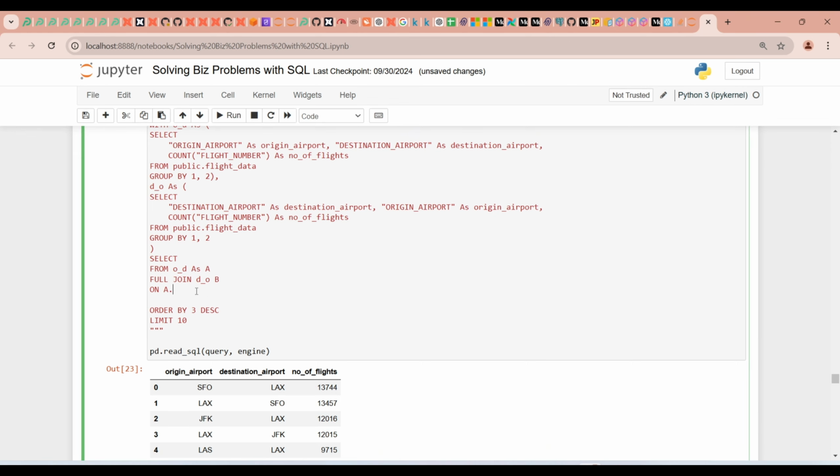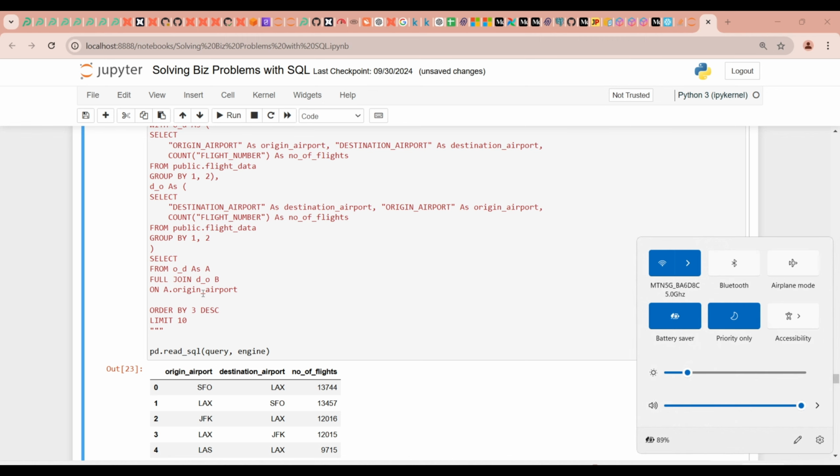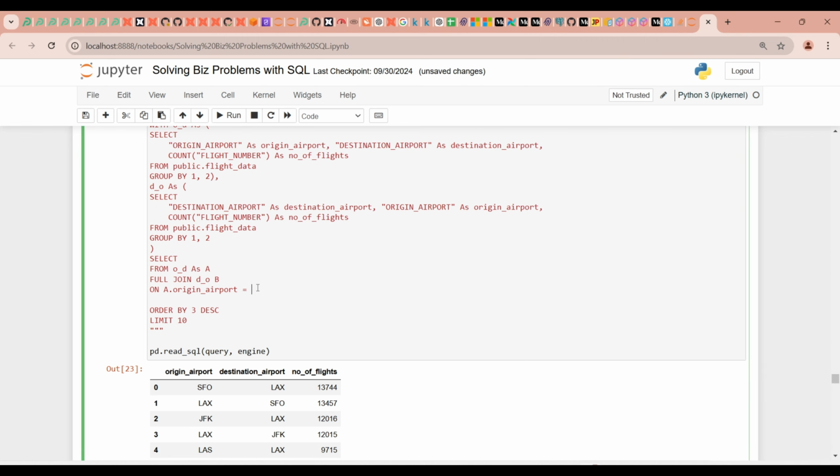So A dot origin airport equals B dot destination airport, and likewise A dot destination airport equals B dot origin airport.